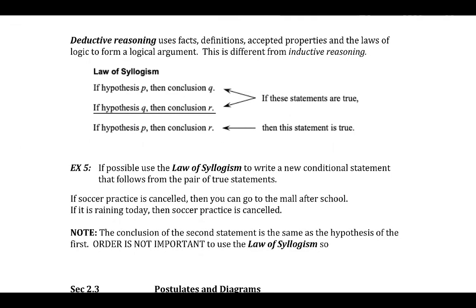On example 5 here, if possible, use the law of syllogism to write a new conditional statement that follows from the pair of true statements. If soccer practice is canceled, then you can go to the mall after school. The second one is if it is raining today, then soccer practice is canceled.